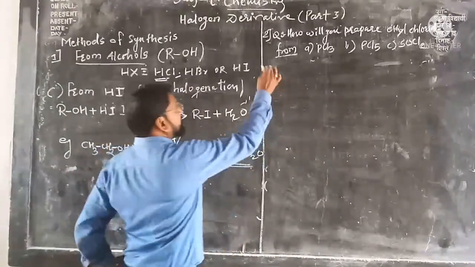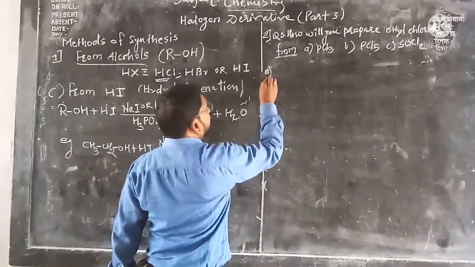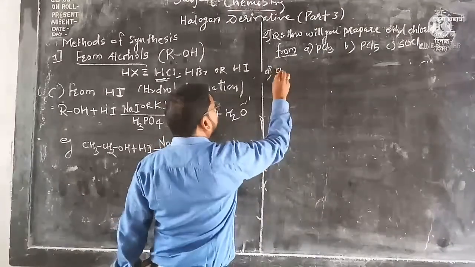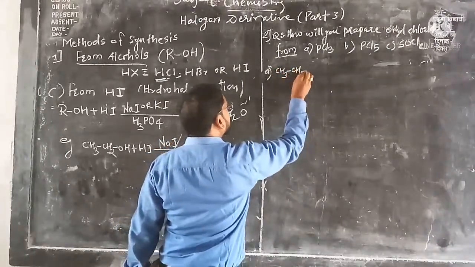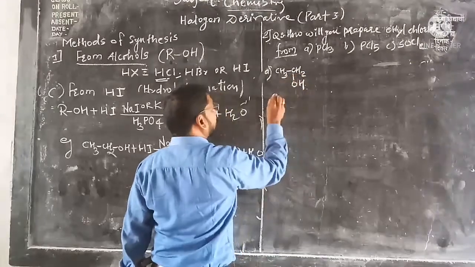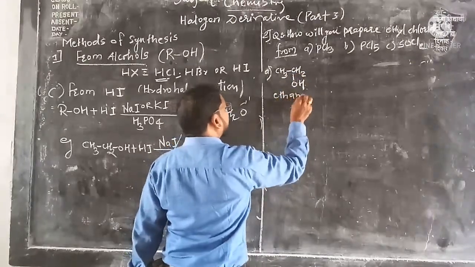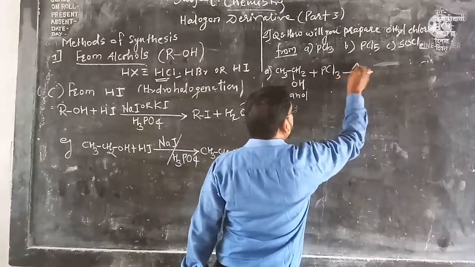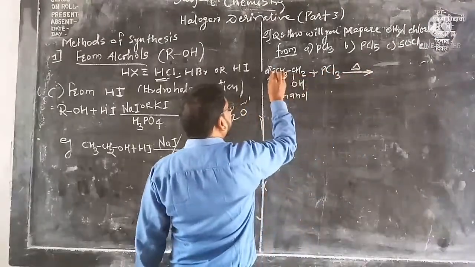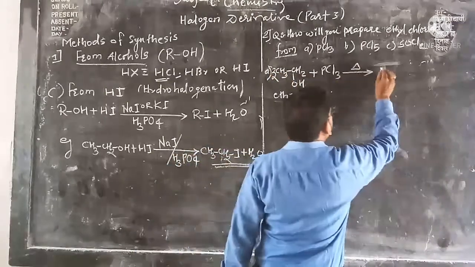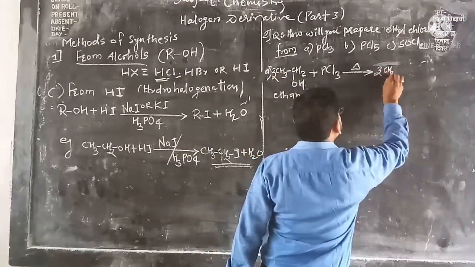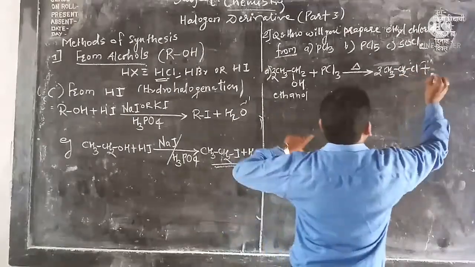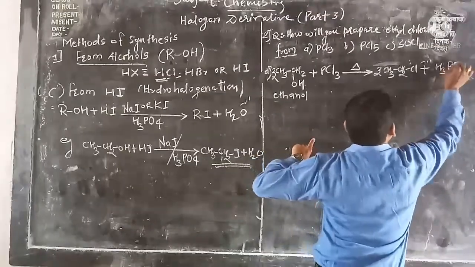Okay, so let us write one by one. Number 1, A, preparation of ethyl chloride using PCl3. Take the corresponding alcohol here, CH3CH2OH, ethanol, plus PCl3. Heating is very important, that's why we write it like this. Take 3 molecules of alcohol, you will get here thrice CH3CH2Cl plus H3PO3.